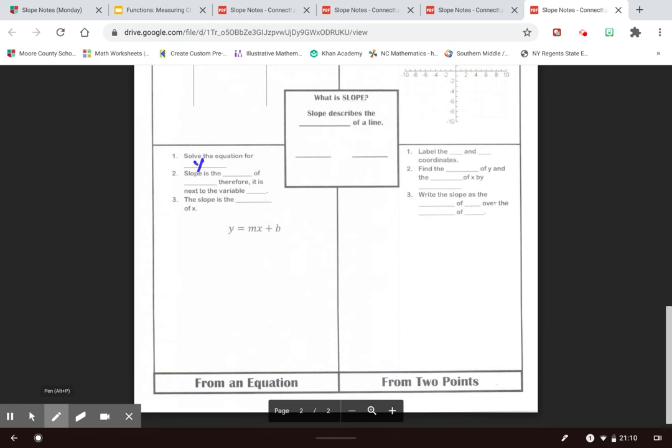And slope is the rate of change. Therefore, it is next to the variable x. Slope is the coefficient, so that's coefficient. So slope is the coefficient of x.